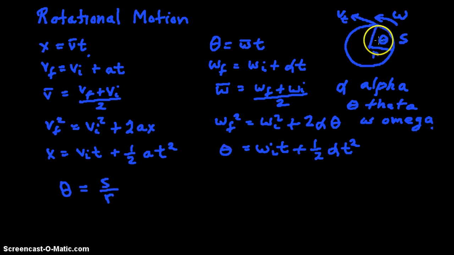So you can see that from this figure that I've got drawn up here, that s is the distance along the circle and r is its radius. So if you want to calculate this angle in radians, then you divide the arc length by the radius.